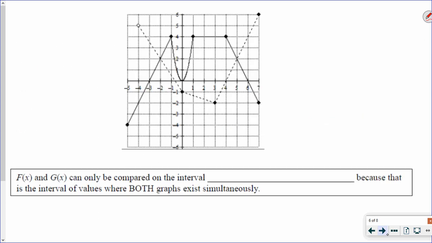Okay, so let's look at some examples. And actually, before we get to the examples, I want to emphasize that if you are comparing two functions, comparing f and g, we can only compare those two functions on the interval where they both exist, okay?